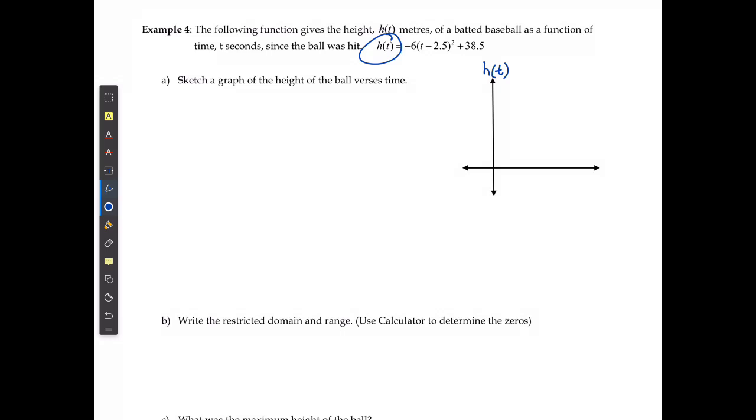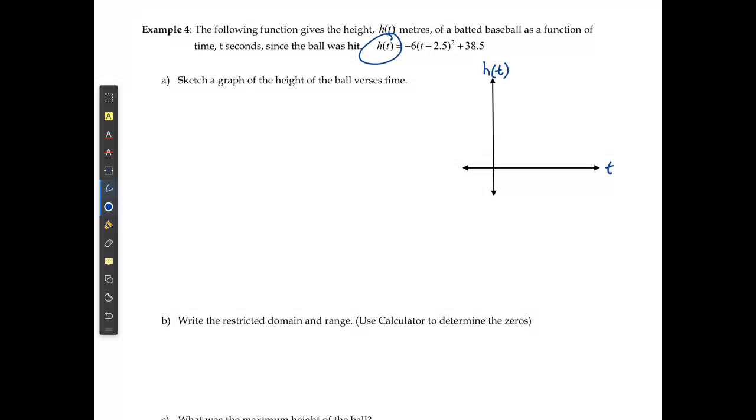The x, or the distance, on this one now suddenly becomes t. So now I need to make sure that I'm using appropriate variables.